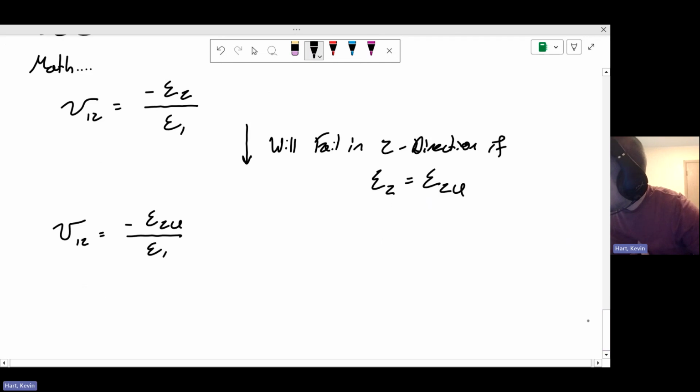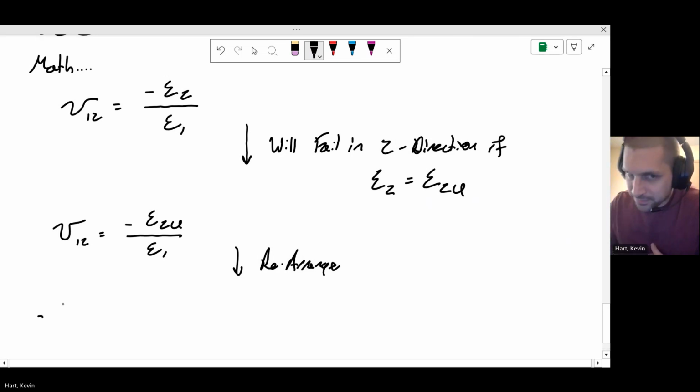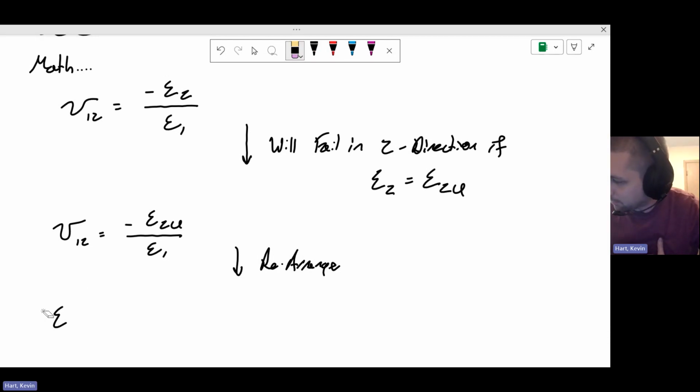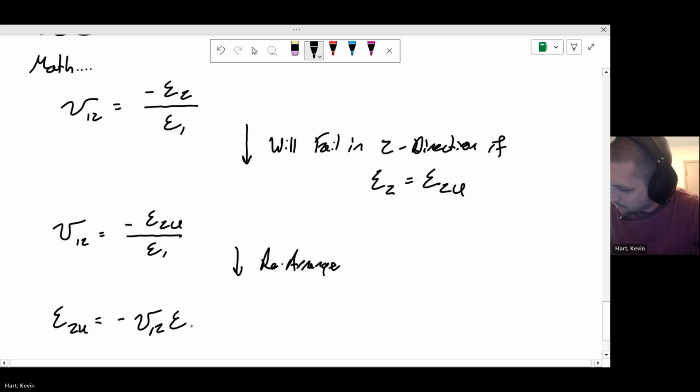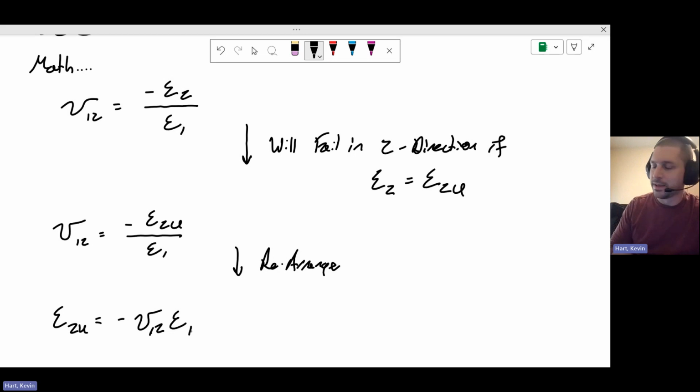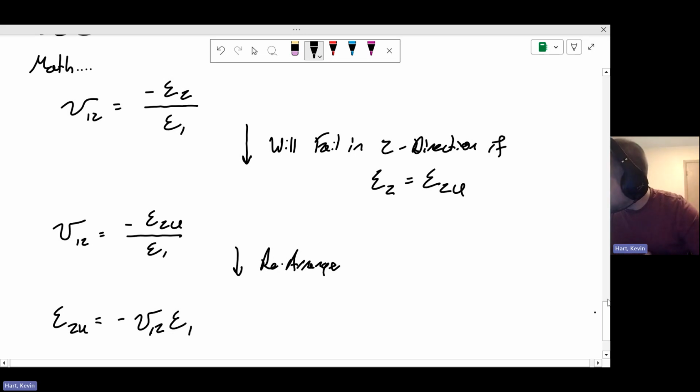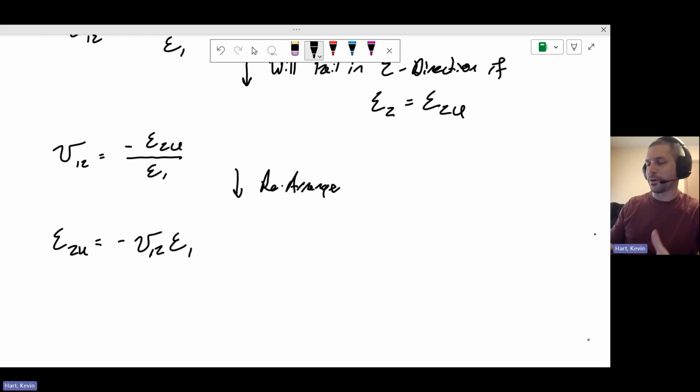And we can rearrange this a bit. And write that here, this is the strain to failure, and I'll put the negative sign on the other side. In the two direction, ultimate. So the ultimate strain to failure in the two direction is going to be negative nu 1, 2 times epsilon 1. All right, no problem. We're just rearranging this a little bit.